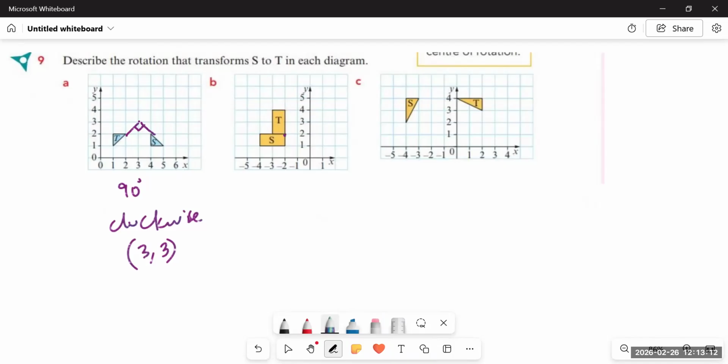This is the center. So it's 90-degree, again clockwise, with the center minus 2, 2. And then if we talk about the last one, so this is again 90-degree rotation clockwise with the center minus 1, 1.